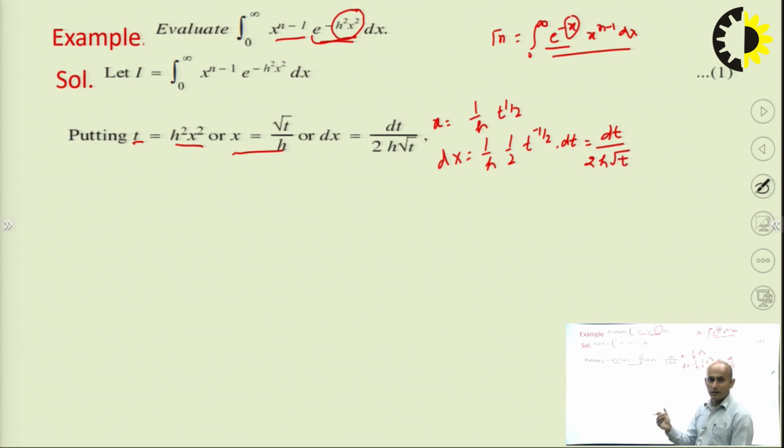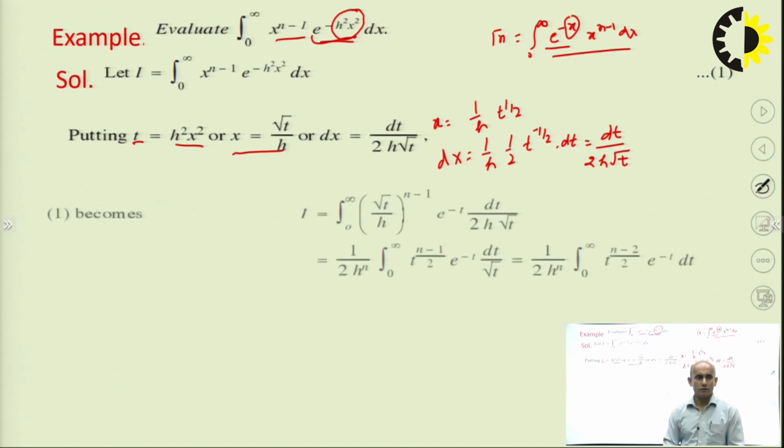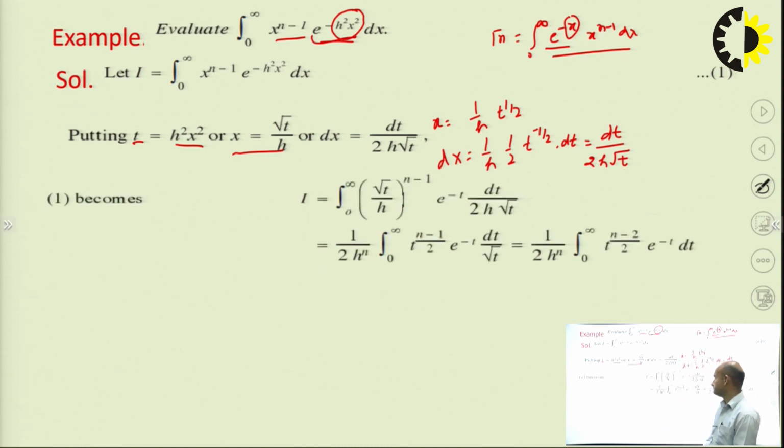On putting these values in the given integration, we get I equals 0 to infinite, x raised to n minus 1, which means root t upon h whole power n minus 1, then e raised to minus t, then dx is dt upon 2h root t.